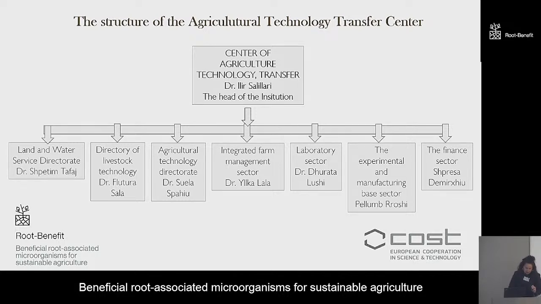One of them is generating, adapting, testing, and transferring agriculture technology in function of technology progress, increase of efficiency and competitiveness of agriculture and livestock production, sustainable development and environmental protection.